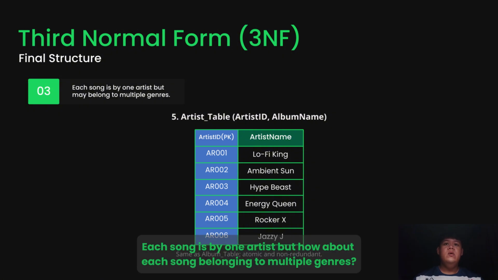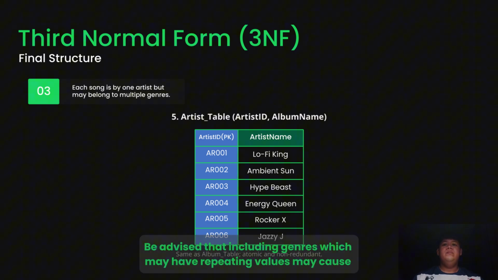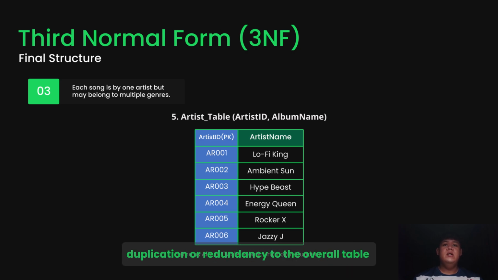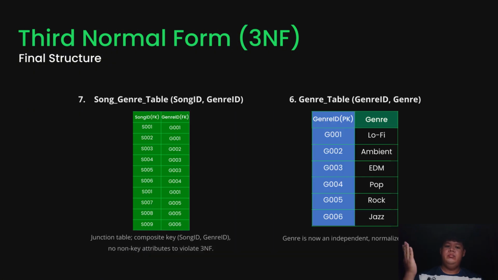Each song is by one artist, but how about each song belonging to multiple genres? Be advised that including genres, which may have repeating values, may cause data duplication or redundancy in the overall table. That is why we will have to separate it into another table.